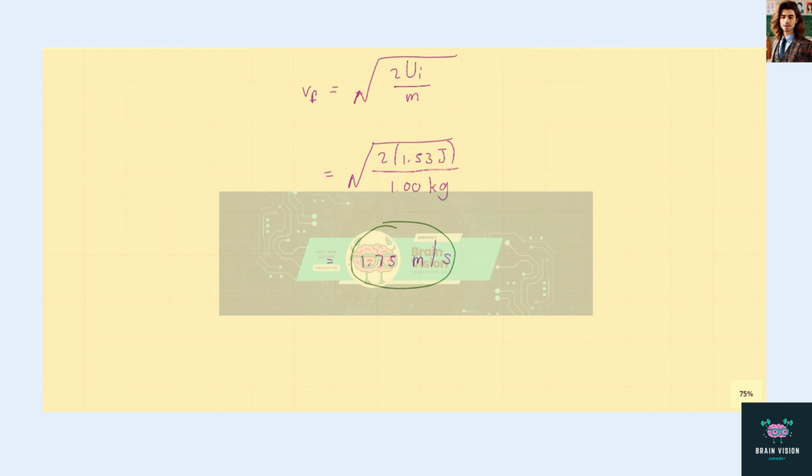Now, next, we want to find the speed of the block when it's at a position of half of the initial position, 6 centimeters, so xi over 2.